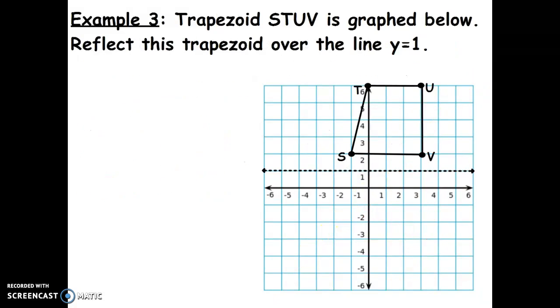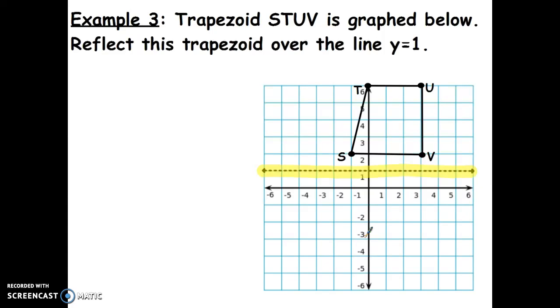In our last example, example 3, trapezoid STUV is graphed below. Reflect this trapezoid over the line y = 1. So we can actually reflect across any line that we're given. I've already given you y = 1. Whenever you see y equals a number, you're just going to find that number on the y-axis and draw a line through it.